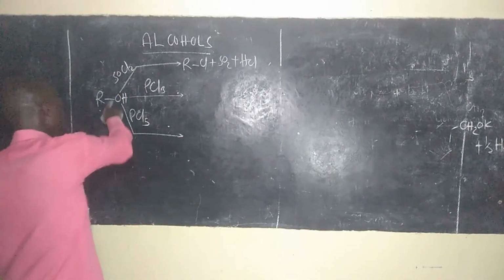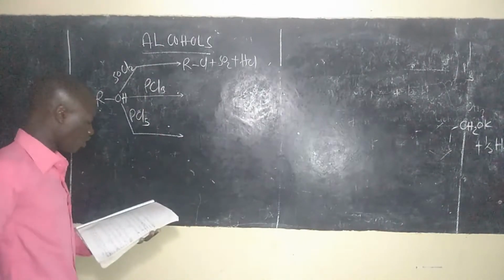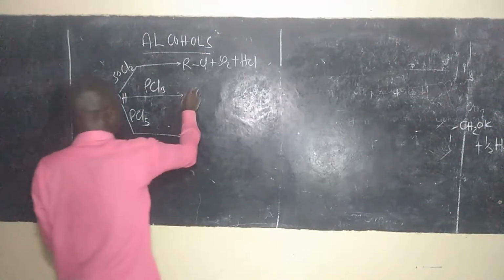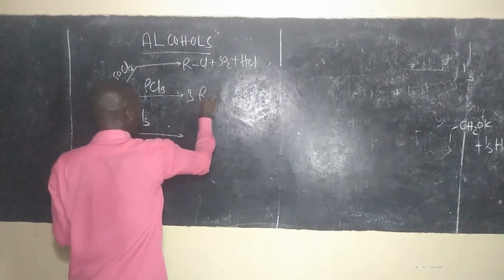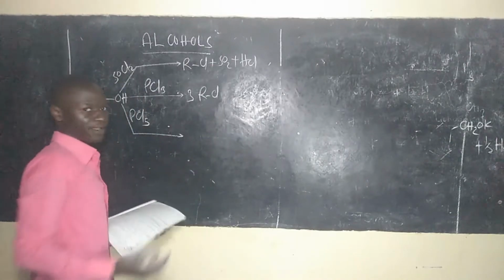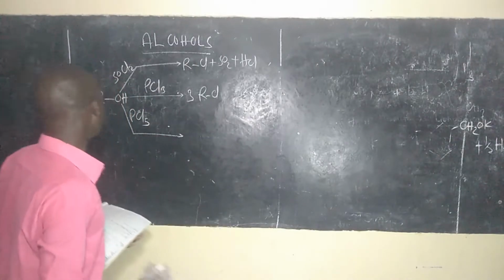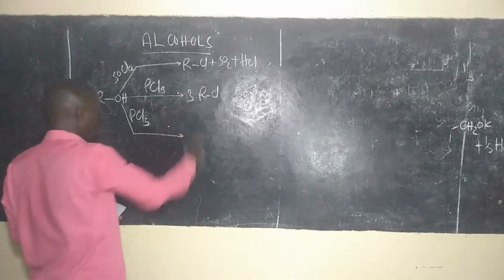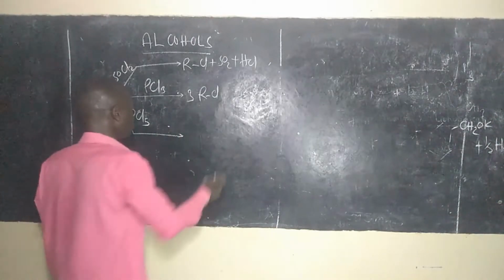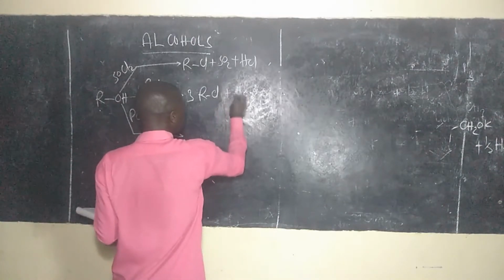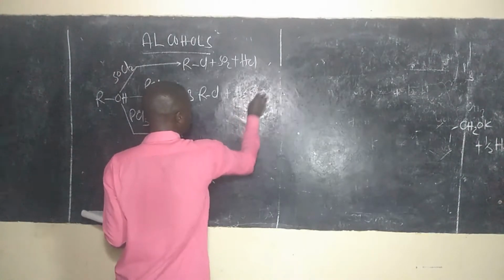Lakini tukireactisha huyu na trichloride tutapata 3RCl. Manake hizi chlorine zikiwa tatu zitakuja kutengeneza hawa tatu. Alafu from there tutapata H3PO3.